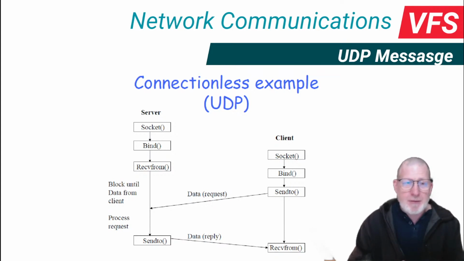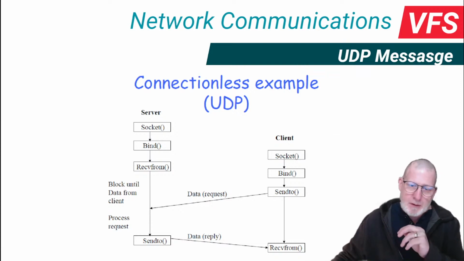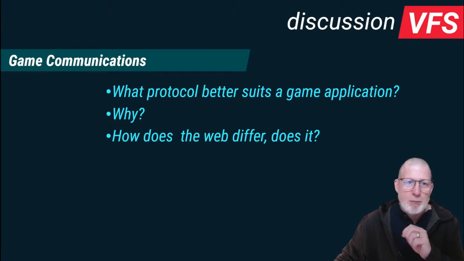The TCP stuff has no size limit on what it can send, and it guarantees the information will get there. Different problems require different uses or different connections. So in game, we're going to use both of those types of connections.